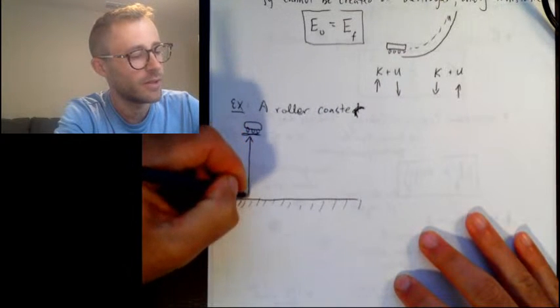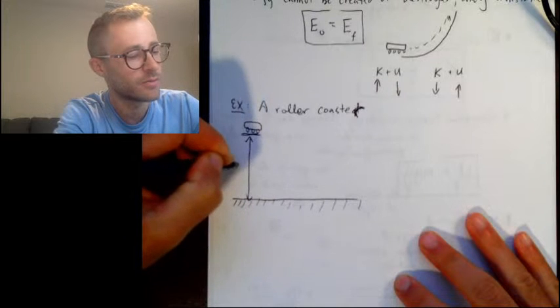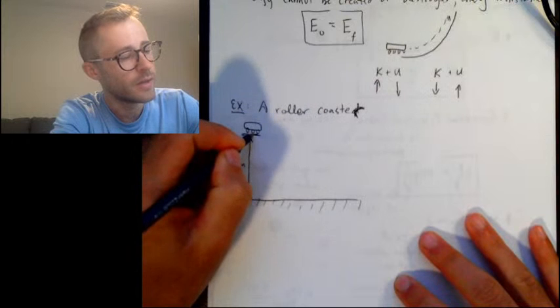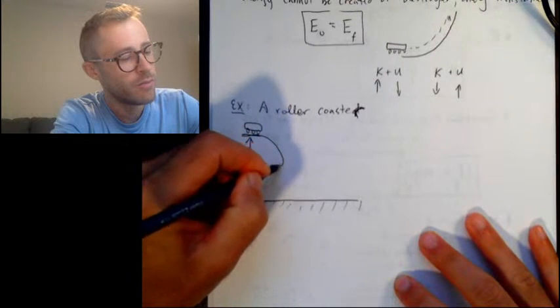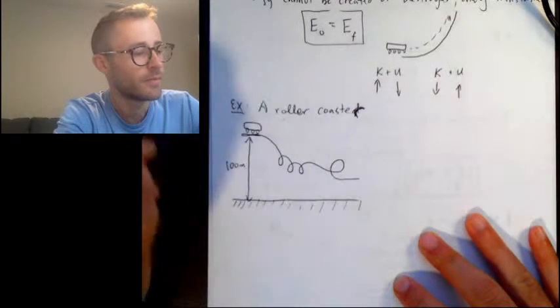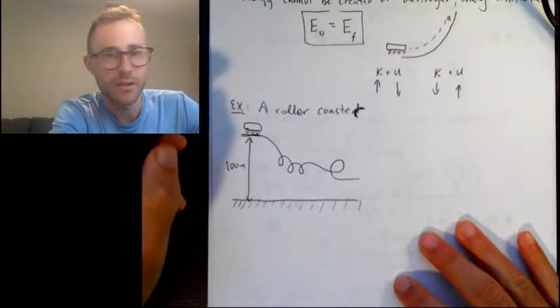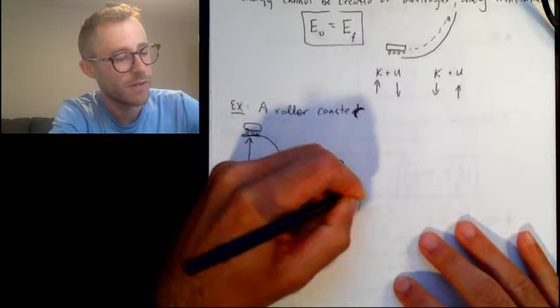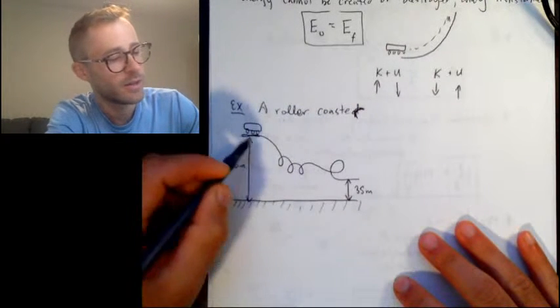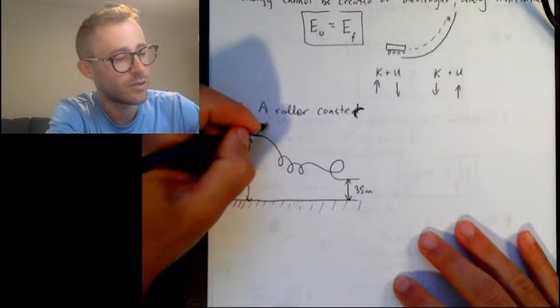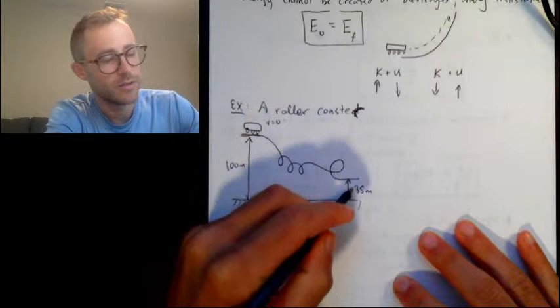Starts off at an elevation of 100 meters, so quite tall. And then the roller coaster goes wee, and it ends up at an elevation of 35 meters. So that's its final elevation. Starts out at rest, ends up down here.